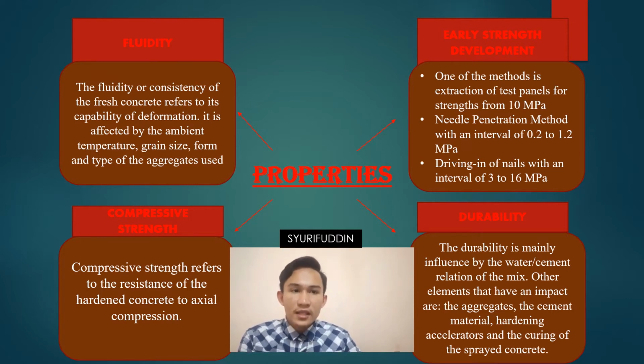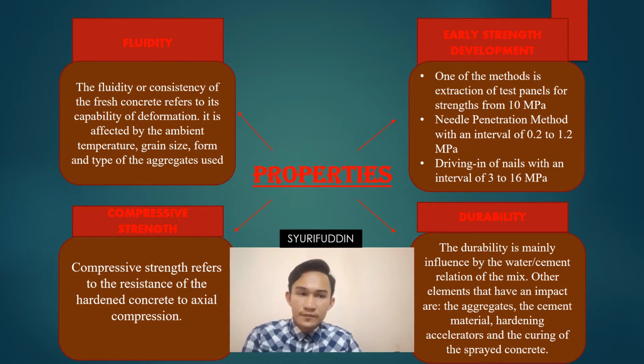Number two is early strength development. For the stabilization of underground excavation, a minimum strength development is often required within the first hour after spraying. There are different methods to measure early strength. One of the methods is extraction of test panels, for strength from 10 megapascal.